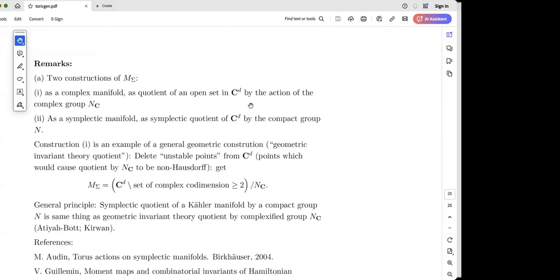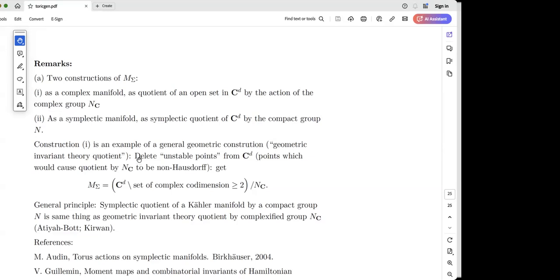So let me finally remark that we have two constructions of M sub sigma. First of all, as a complex manifold, as the quotient of an open set in C to the d by the action of a complex group N sub C. And secondly, as a symplectic manifold, as a symplectic quotient of C to the d by the compact group N. The first construction is an example of a general geometric construction called geometric invariant theory.